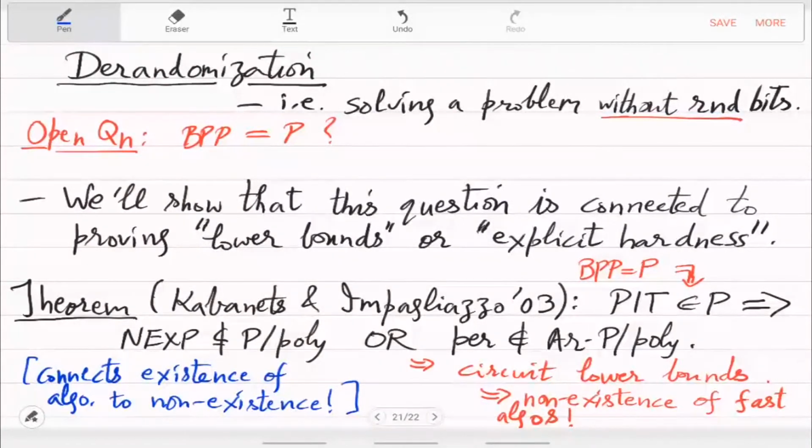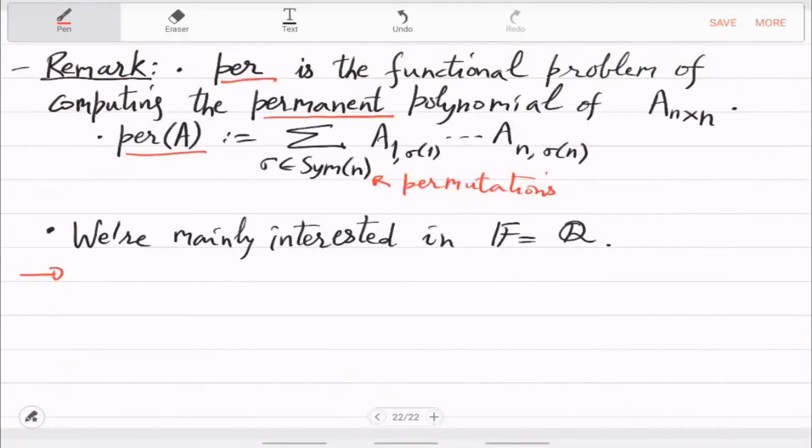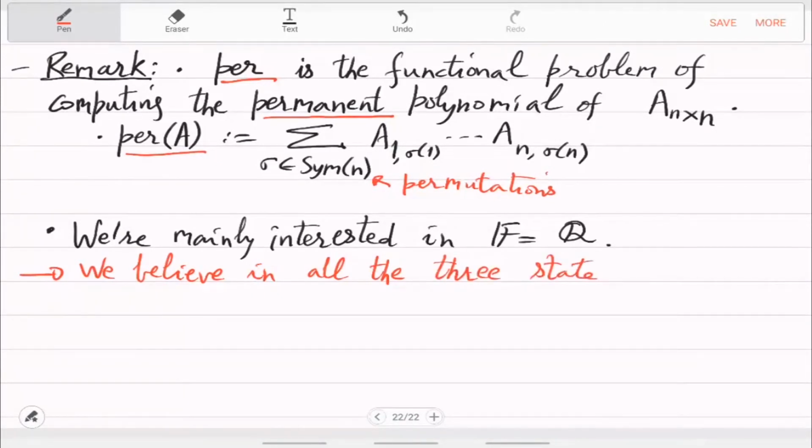We believe in all these things, but we don't yet have a proof for any of these three. This theorem is connecting all these three properties that we believe in.